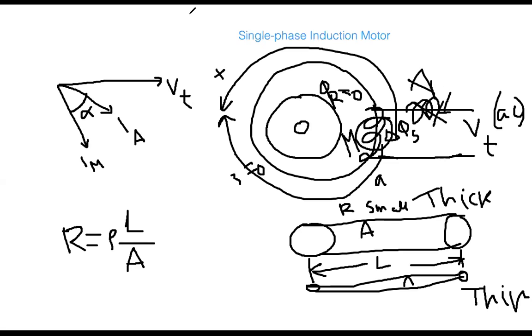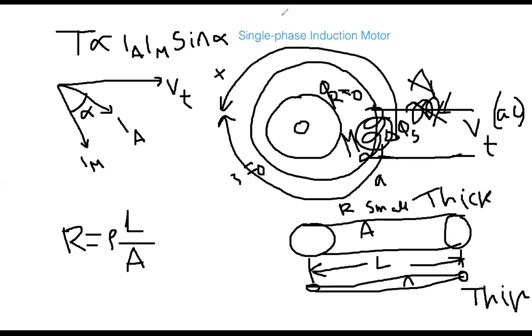In a motor, the torque is proportional to Ia and Im, and their sine of alpha. This is the torque equation. Torque is proportional to the auxiliary winding current multiplied by the magnitude of the main winding current, and the sine of alpha.